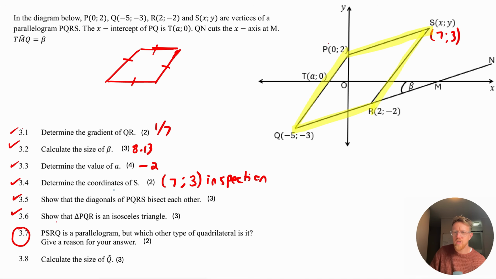Now a rhombus has specific properties, one of which is that all of the sides are equal in length. We've already worked out in triangle PQR that these two lengths are the same. That is enough, because we already know it's a parallelogram, which means the opposite sides are equal.